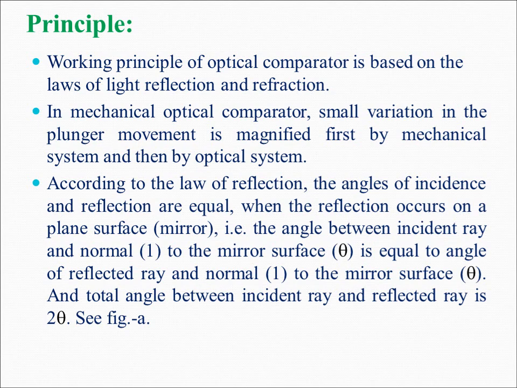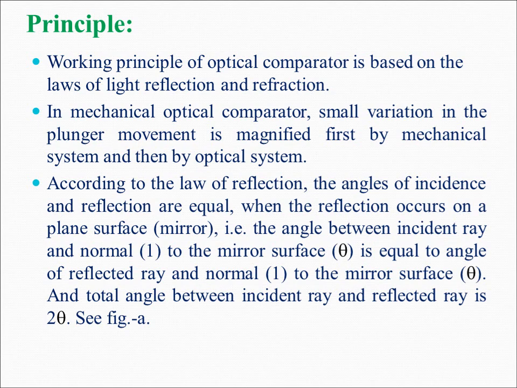In a mechanical optical comparator, a small variation in the plunger movement is magnified first by a mechanical system and then by an optical system. So wherever a mechanical system and an optical system are both combined, such a comparator is called a mechanical optical comparator. It makes use of both the mechanical system and the optical system for magnification of a signal.